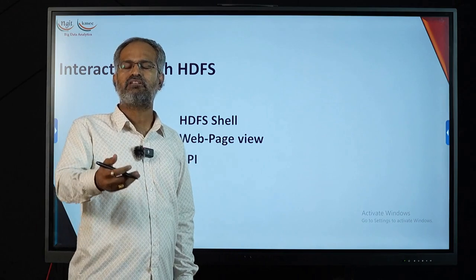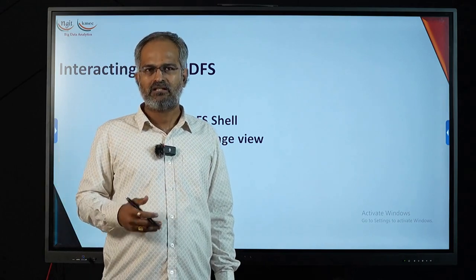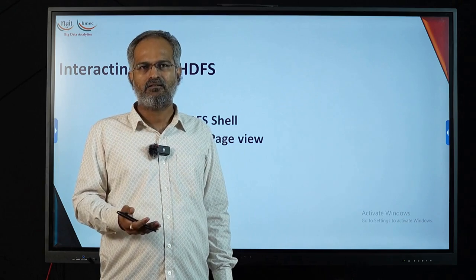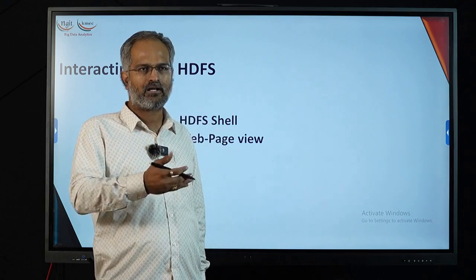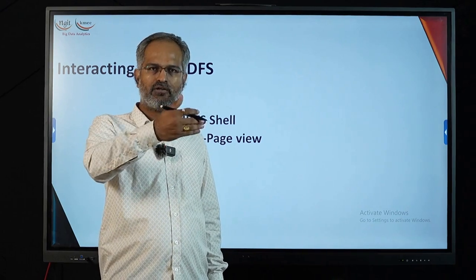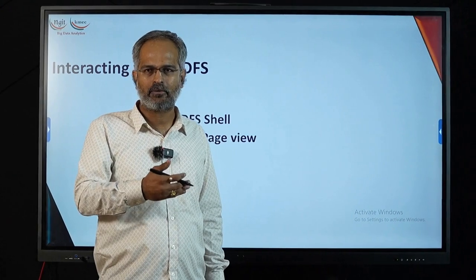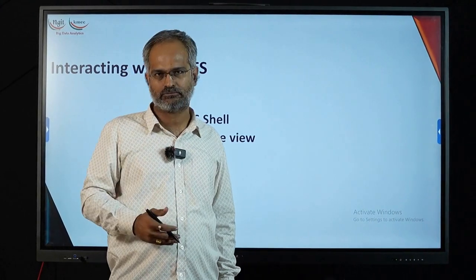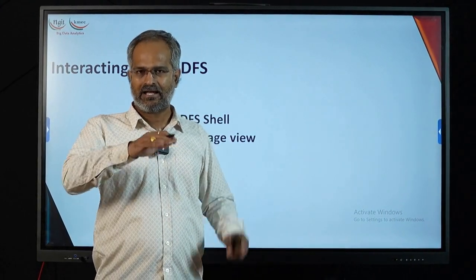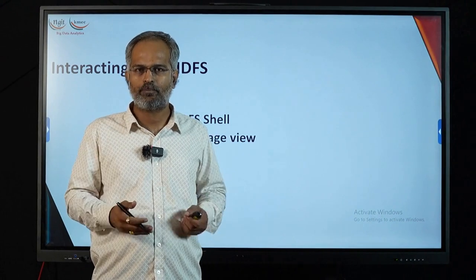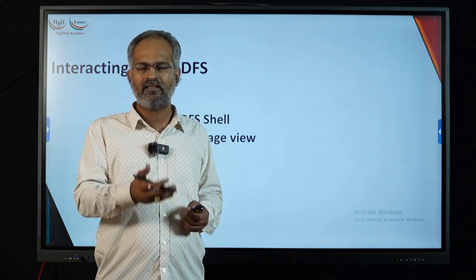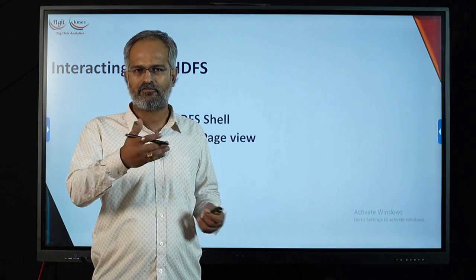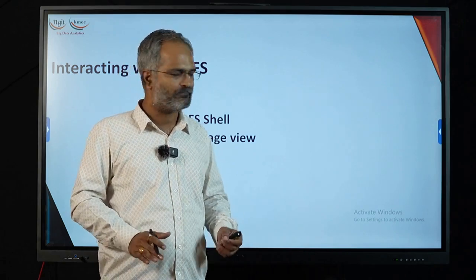You can interact with the HDFS by using a Java API, writing a Java program to access data from the HDFS and write it also. Please remember that the entire HDFS and Hadoop is developed on top of Java, so it is easy to communicate with the HDFS by using a Java program.